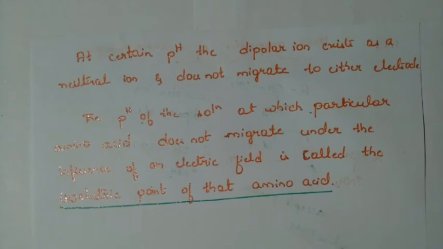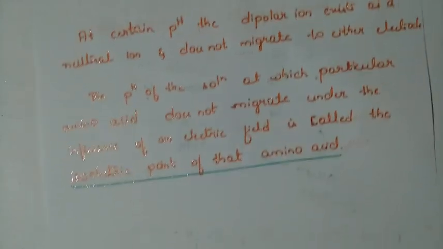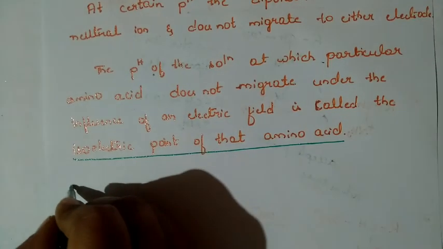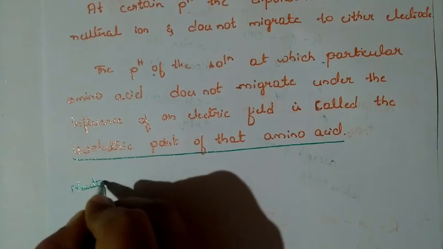The isoelectric point depends upon the functional groups present in the alpha amino acid. Suppose the alpha amino acid is a neutral amino acid.